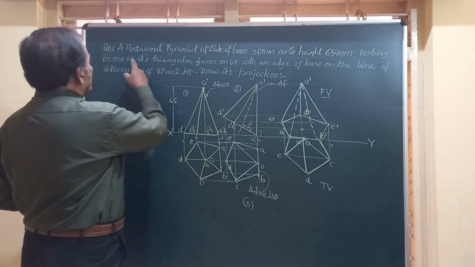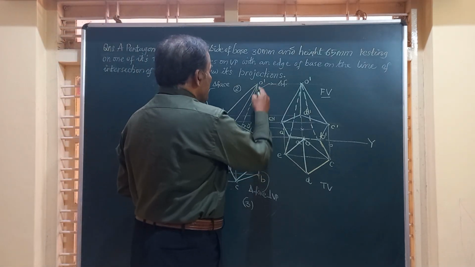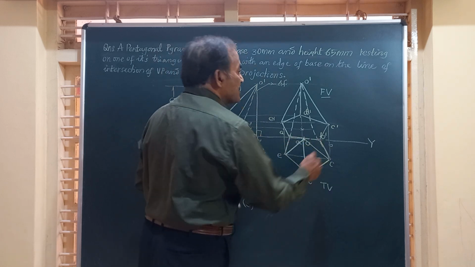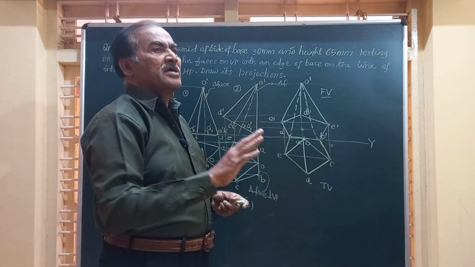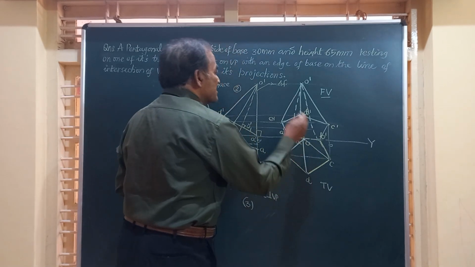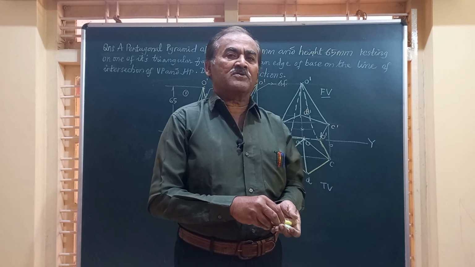And the triangular face is O dash, A dash, B dash, that is perpendicular, and that O dash, A dash, B dash is on XY. So whenever any plane is on VP, its top view is seen as a line. So it is satisfying all the requirements put forth in the question.